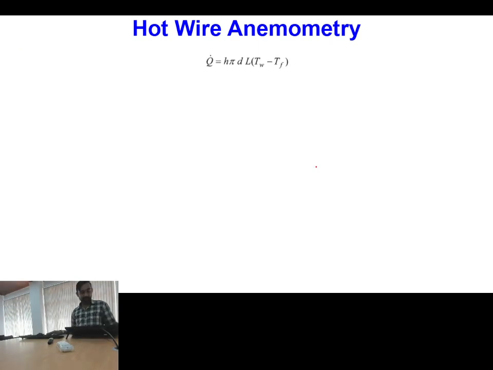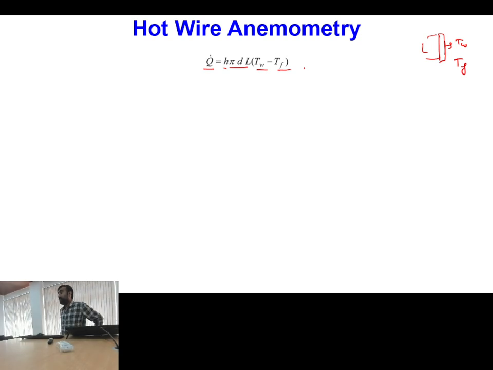Now you can see the basic principle is the rate of heat transfer from the wire. Say you have a hot wire; how much heat is leaving from its surface? Say the wire is at temperature TW and the outside fluid is at temperature TF. H is the heat transfer coefficient, D is the diameter of the wire, L is the length. So h π d L into (TW minus TF) is the rate of heat transfer from Newton's law of cooling.